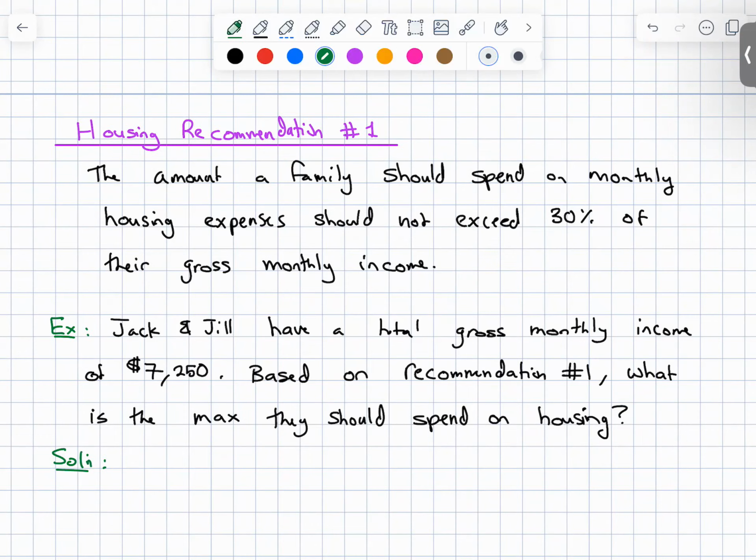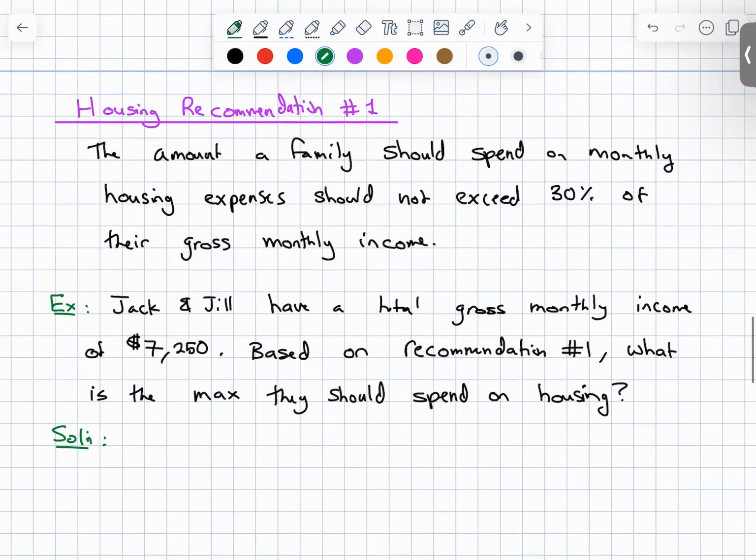So 30% of their gross monthly income. We want 30% of 7,250, telling you that it's a percent problem. I will provide the percent formula on the exam, by the way: A equals P times B. I'm sure we've done enough problems that we probably have it memorized, but I'll still provide it.